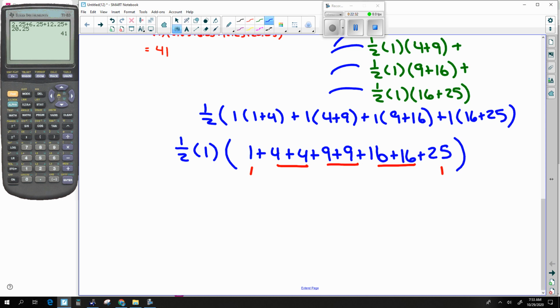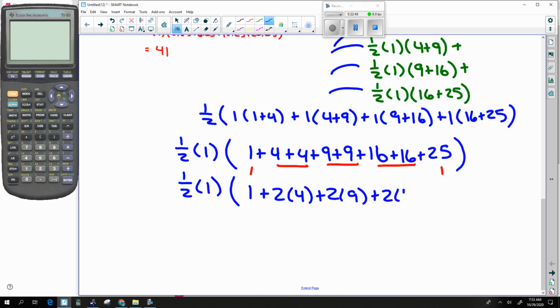So the supreme trick, when you have a consistent height, is you take all that stuff out, and then you take a singular, and then 2 times 4 plus 2 times 9 plus 2 times 16 plus a singular. So the edges stay single, and then you double everything in the middle. That's the quickest and easiest version of getting one of these answers.